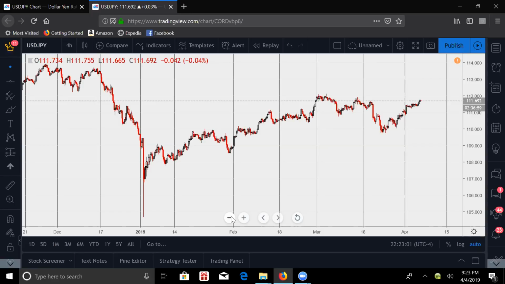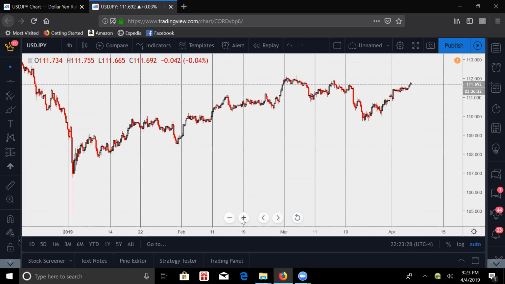I feel like once you're able to mark up a chart properly and identify proper support, resistance, supply, demand zones in general, you can trade any market. So I'm going to be making videos about different things related to trading, trying to help people on the charts.